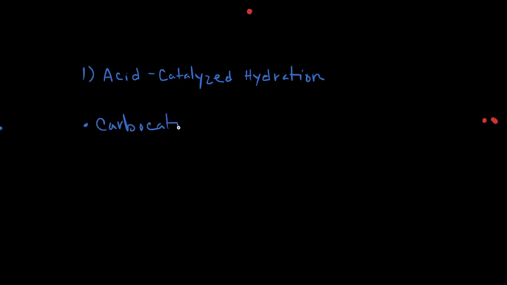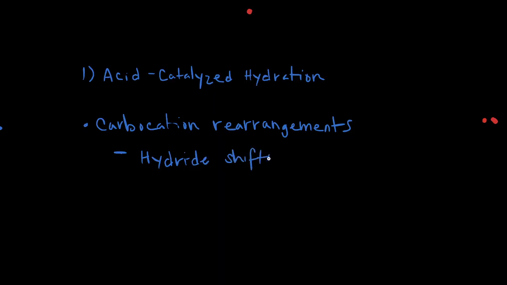carbocation rearrangements. Carbocation rearrangements are going to be possible in acid-catalyzed hydration reactions. So these are going to include things like your hydride shifts, as well as your methyl or alkyl shifts.